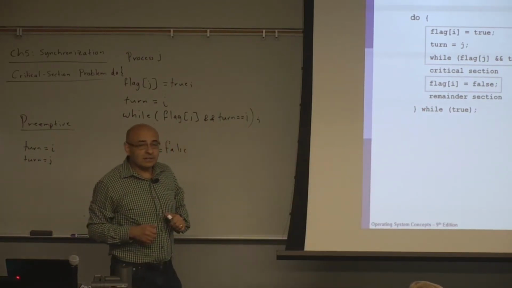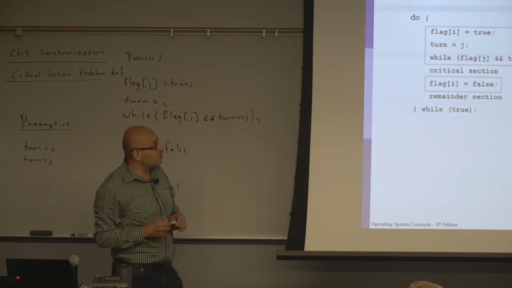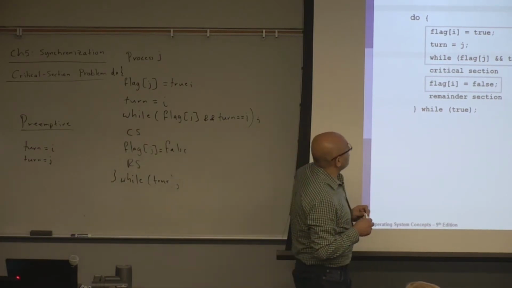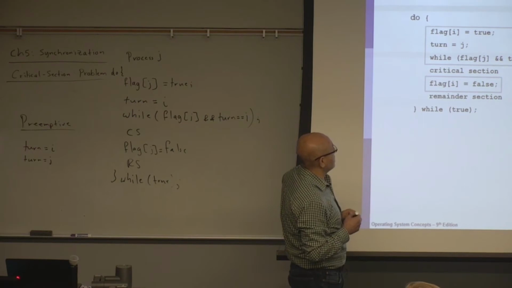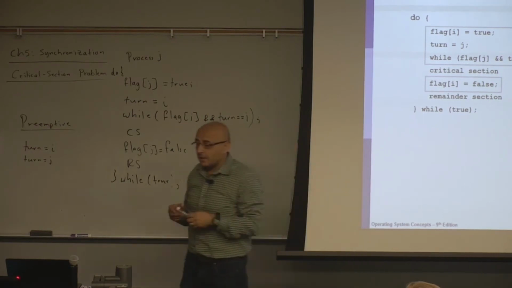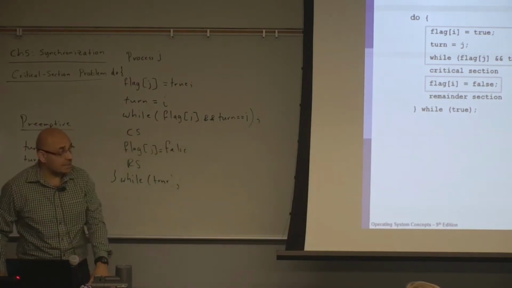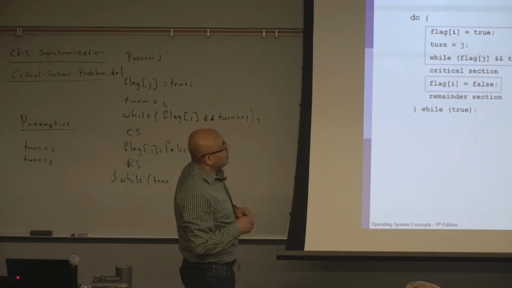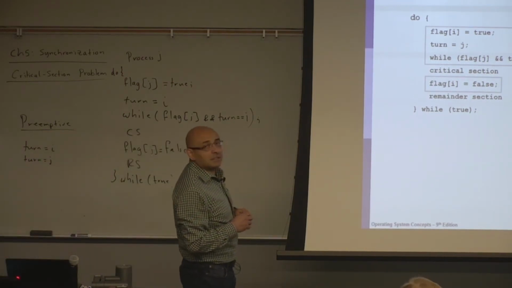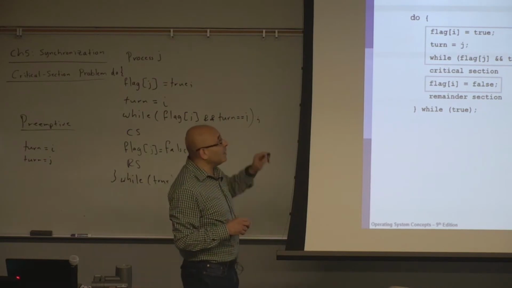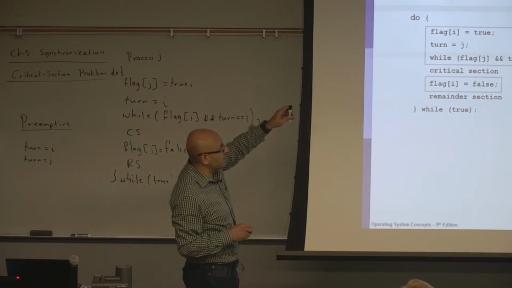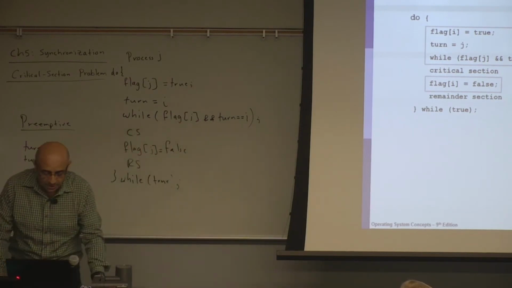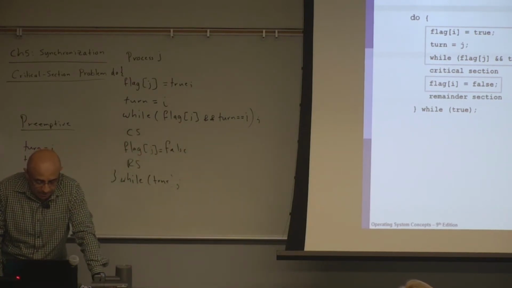So this term is very important because it will ensure that a process will not enter the critical section when the other process is in the critical section. And the processes here are not being selfish. Now we will appreciate this term when we look into other solutions that do not have this.